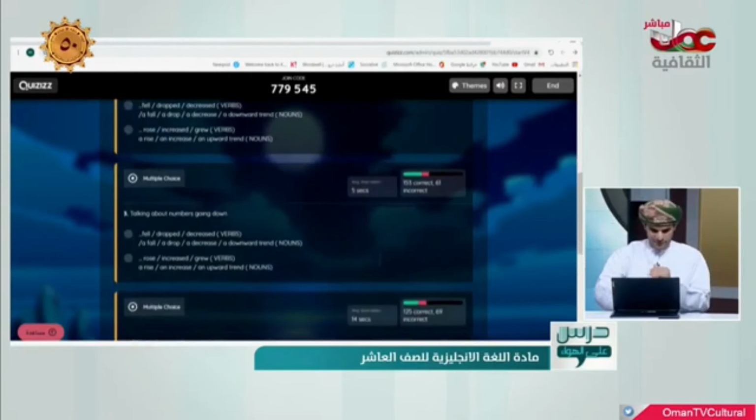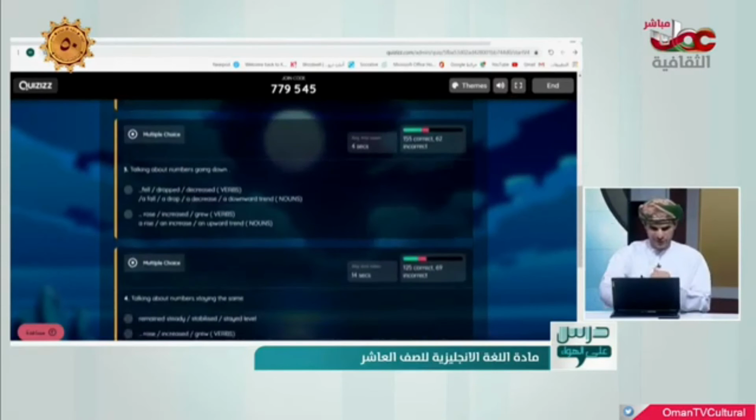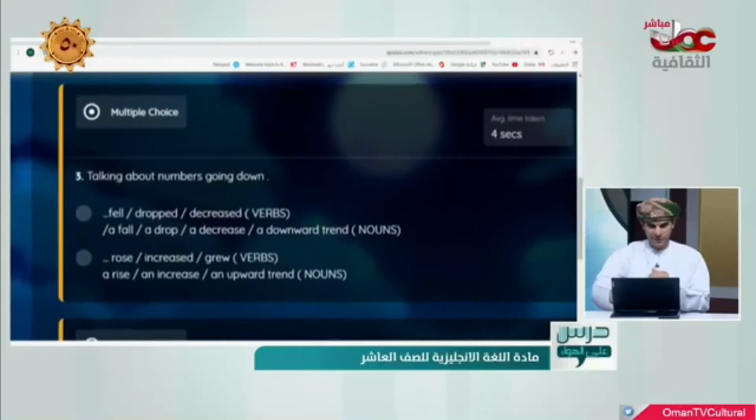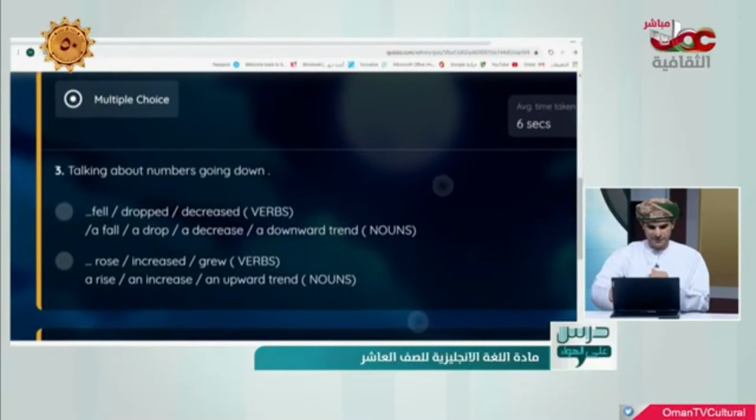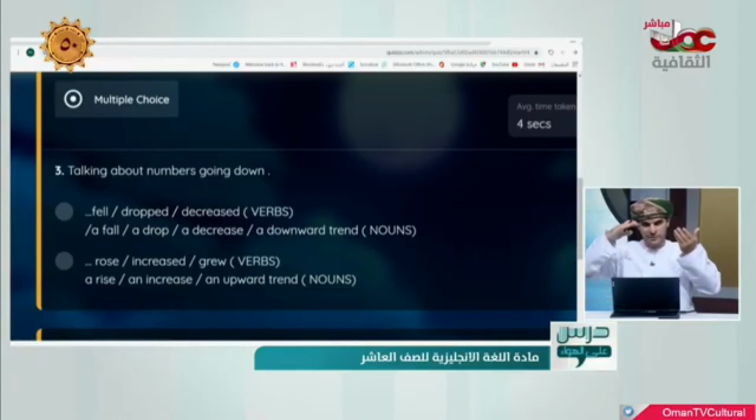And here, we're talking about numbers going down. Is it fell, drop, decreased, a fall when it's a noun, a drop when it's a noun, a decrease, a downward trend, or rose? Remember, the question is about going down. Is it a rose? Be careful.